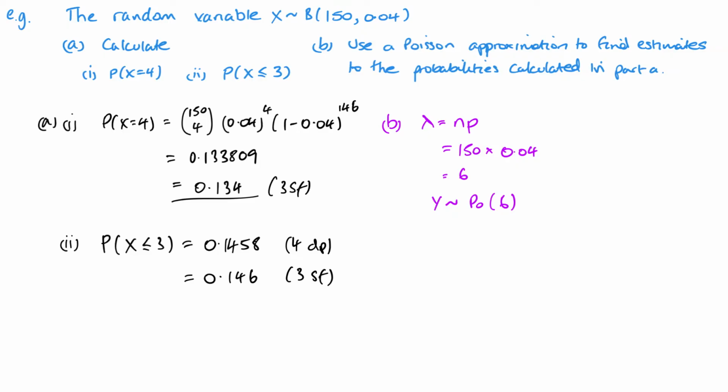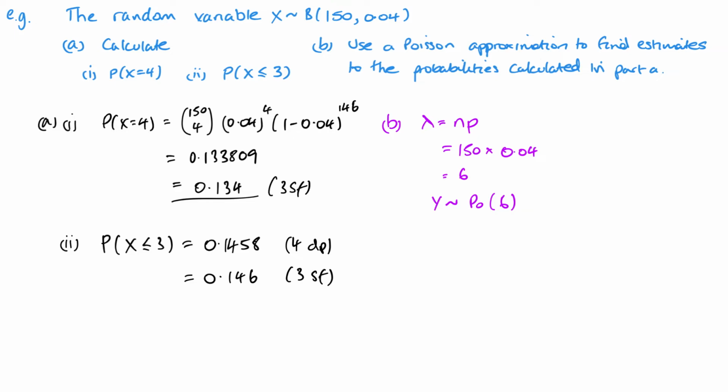Because if I wasn't able to look up values within my tables, then doing a Poisson approximation might take the same amount of time as doing just an accurate binomial, at which point you've got to ask yourself, why even bother doing the approximation? So for that kind of reason, I would say that this should in general be a value within your tables.